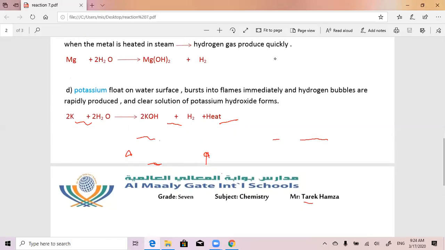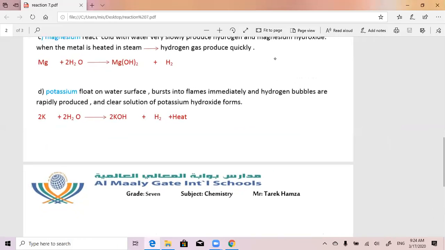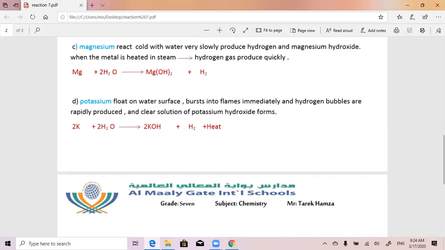Potassium reacts with cold water quickly and produces hydrogen and flame.